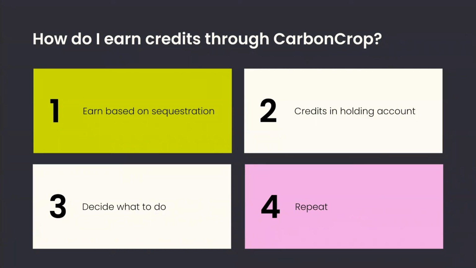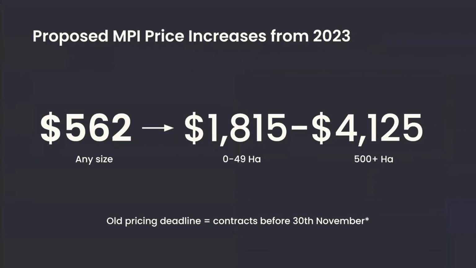Thank you. Okay. And next slide. Oh yeah. So finally, this is not necessarily related to how carbon credits work, but it's sort of related. MPI has announced that they are going to increase their fees for registering in the ETS from the 1st of January 2023. Right now, to apply to the ETS, it costs about $562.